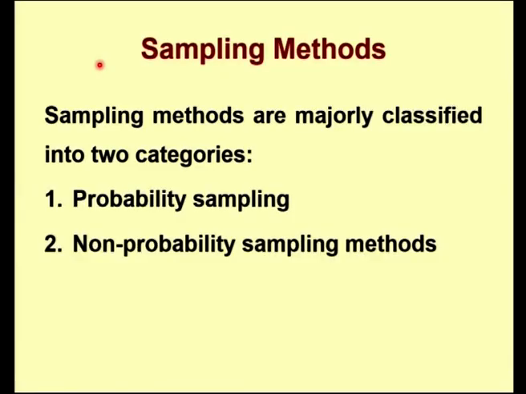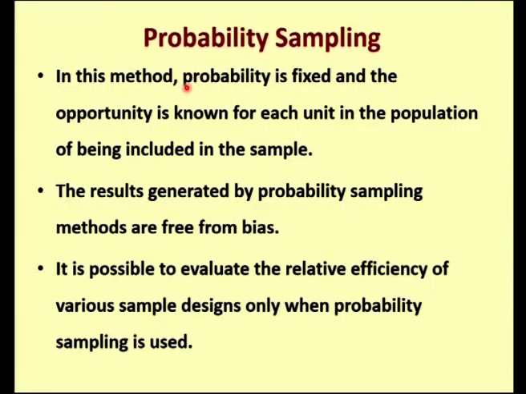We have two different categories of sampling methods: probability sampling and non-probability sampling methods. We will see the first category, probability sampling. In this method, the probability is fixed and the opportunity is known for each unit in the population of being included in the sample. That is, for each and every unit in the population, we know the chance of being included in the sample.